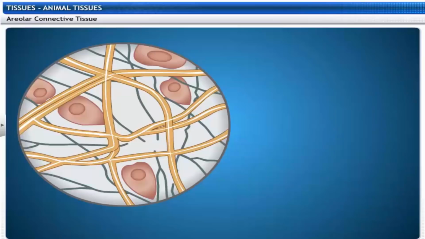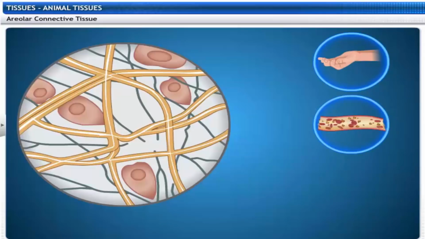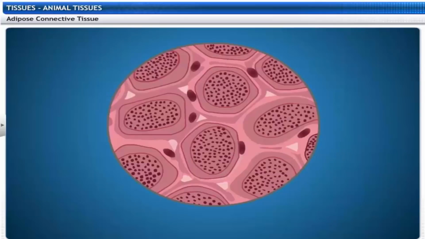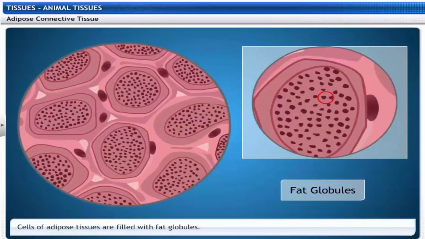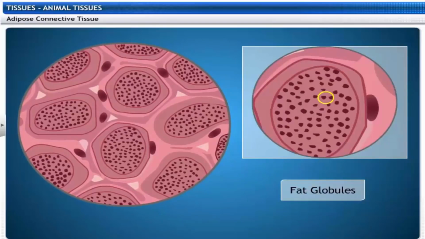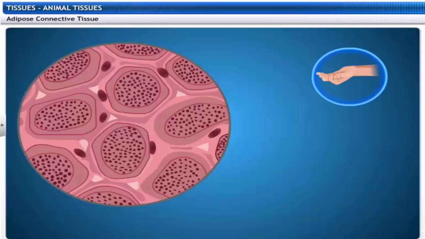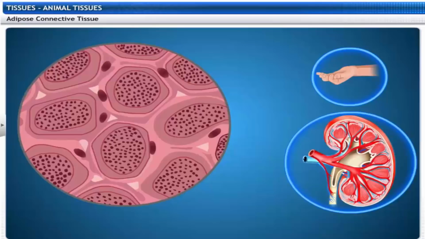Such tissues are found between the skin and muscles and around blood vessels and nerves. Here's a look at the adipose connective tissue. Cells of this tissue are filled with fat globules. It is found below the skin and around internal organs like kidneys and acts as an insulator.